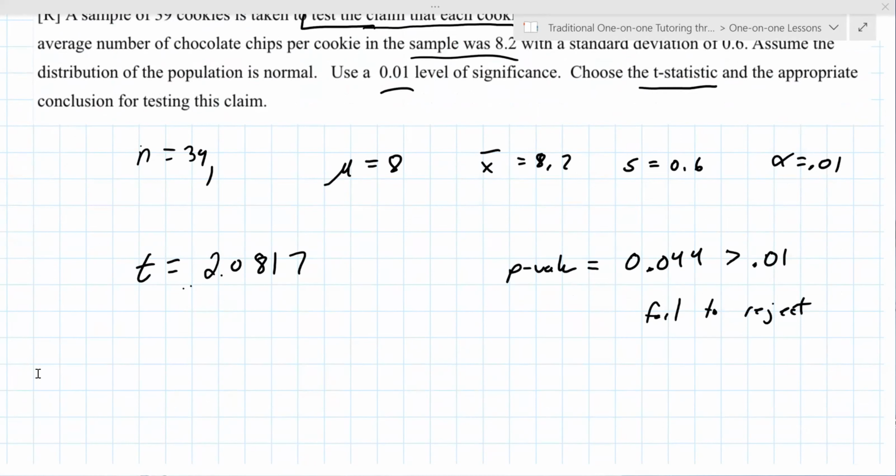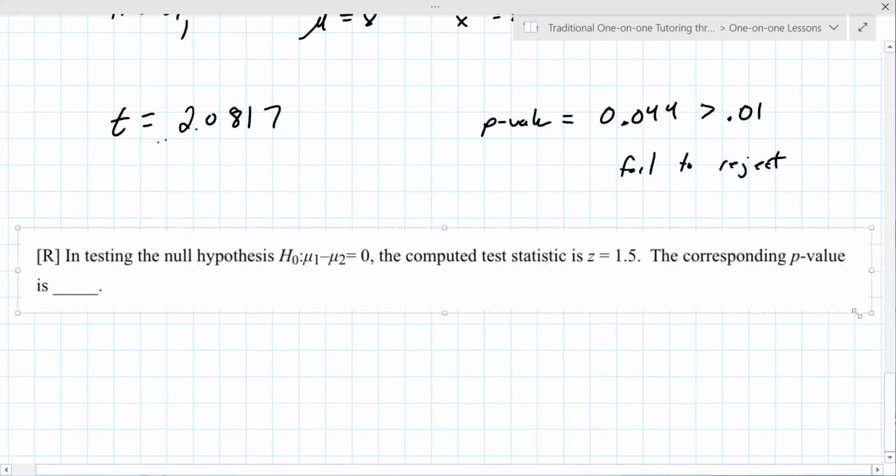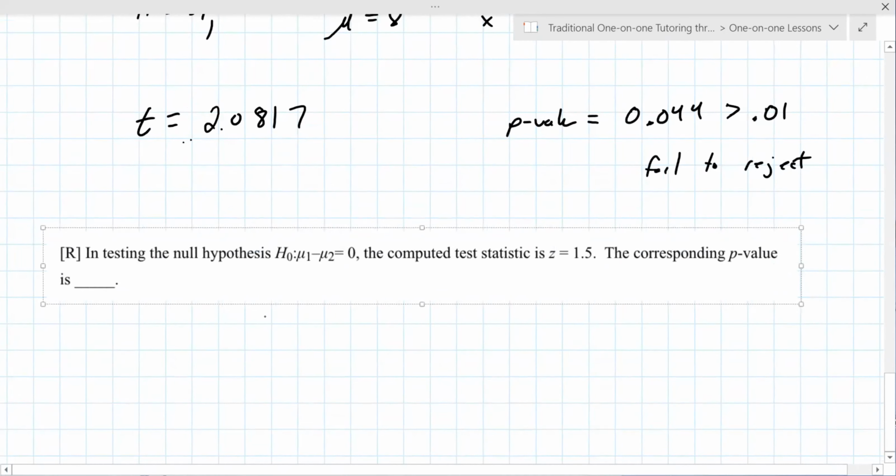This question here is asking you to infer what H1 is, or what the alternative is. If the null is an equal to, the alternative is a not equal to.